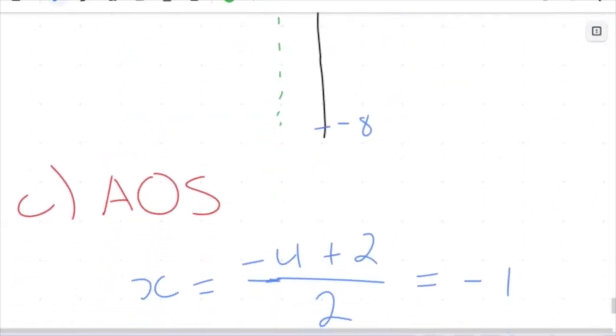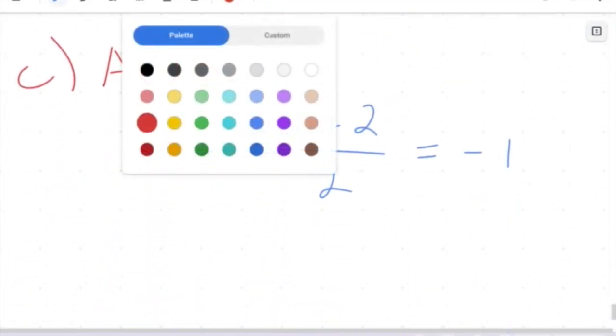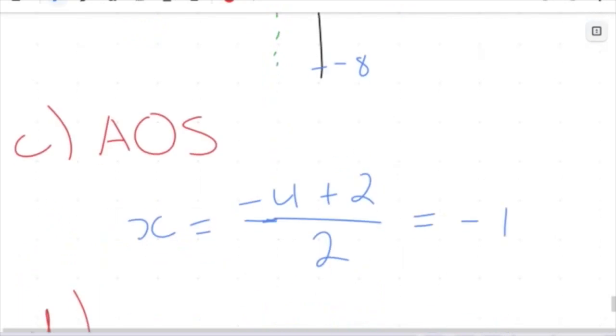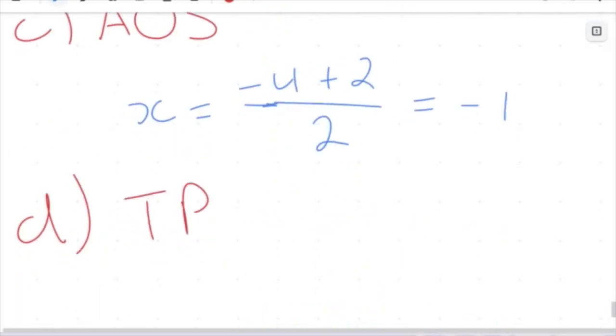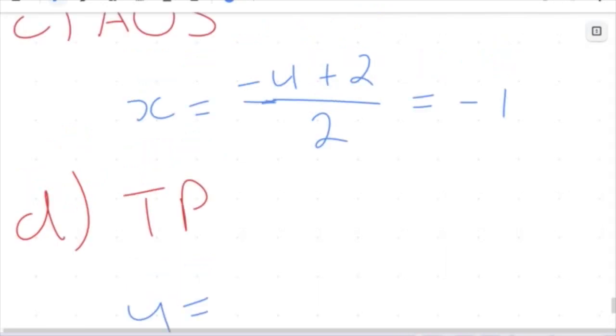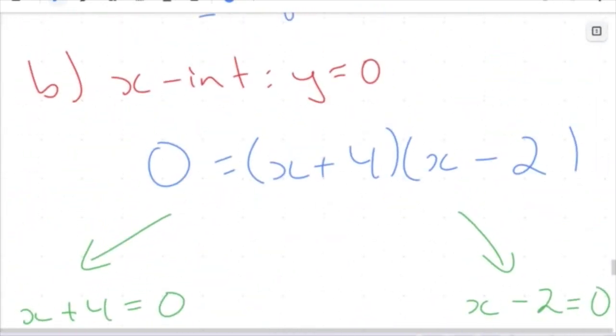And now I also want to find the turning point. So the x coordinate of my turning point is going to be where the axis of symmetry lies. So I know that I'm expecting an x value of -1. So I'm going to substitute that into my equation, y equals, what was it, x plus 4, x minus 2.